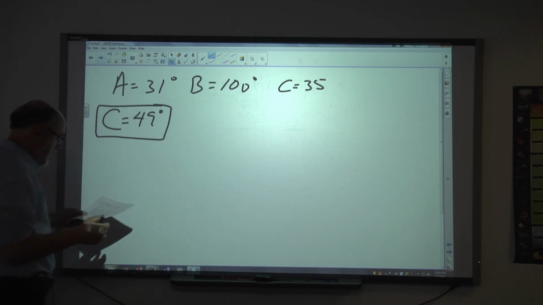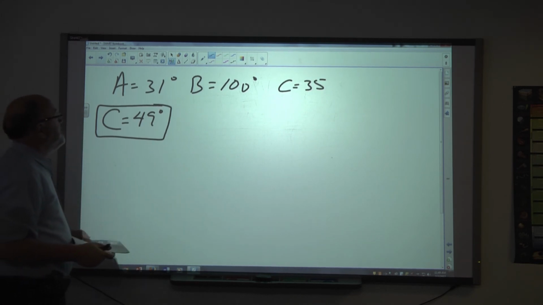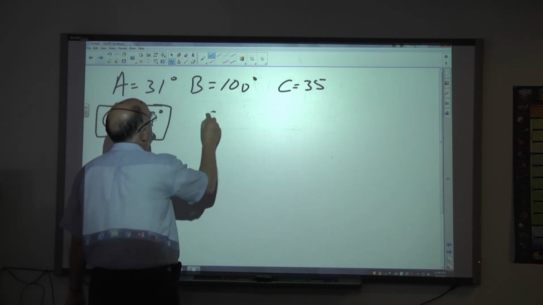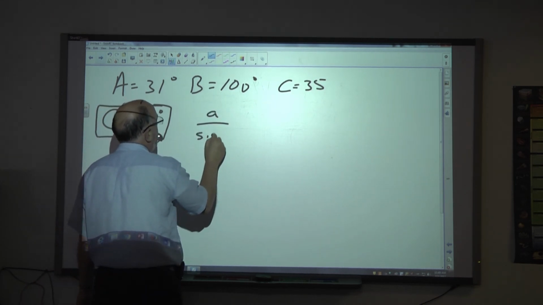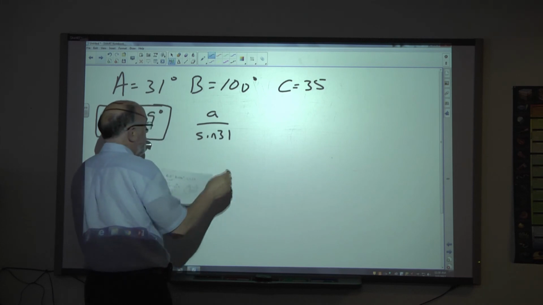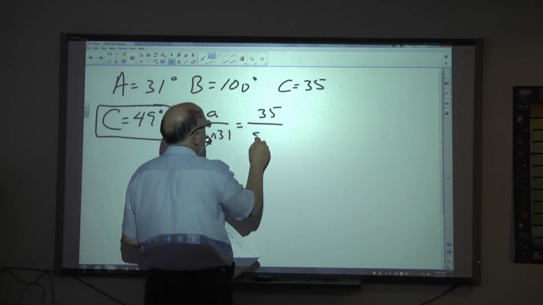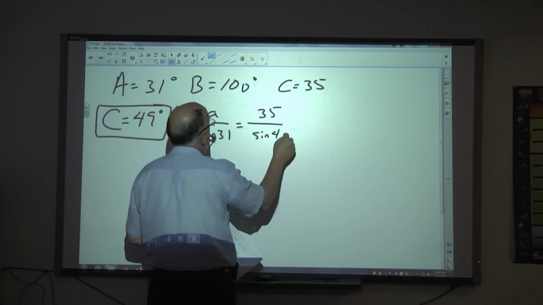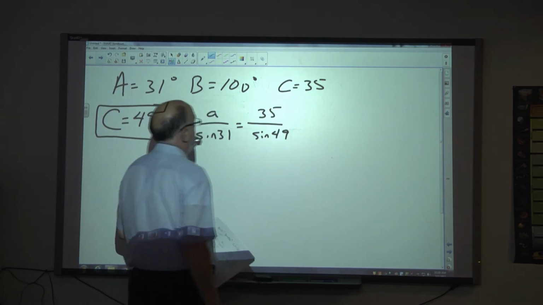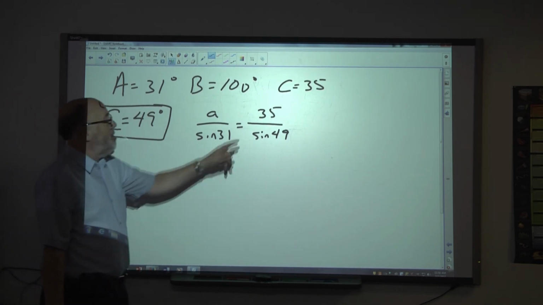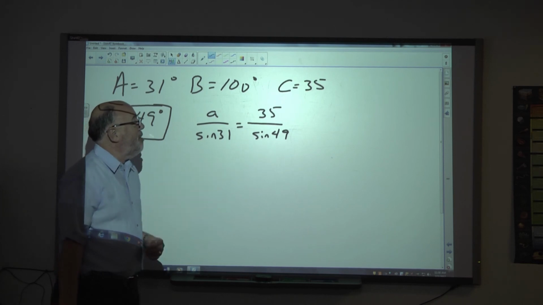Now we need to find the missing sides, so we have a over the sine of 31 equals. To use law of sines, we need to have what I call an angle-side pair, so we need to know a side and the angle opposite from it.